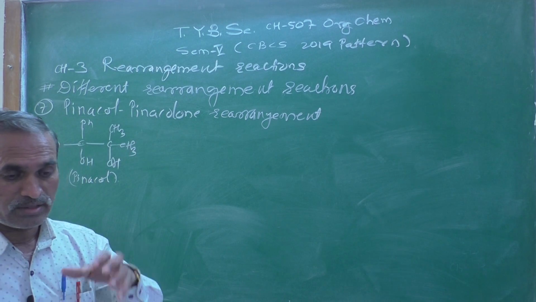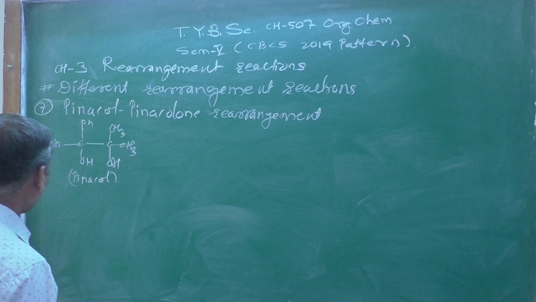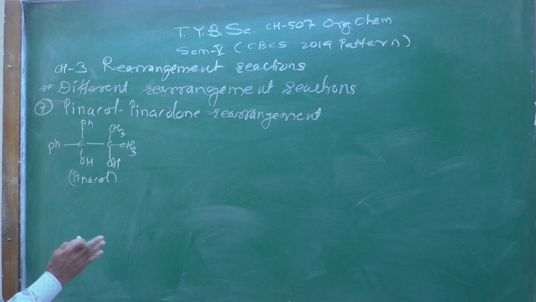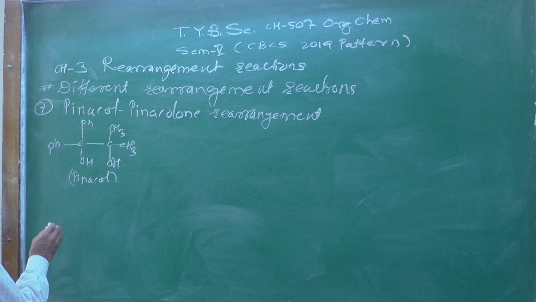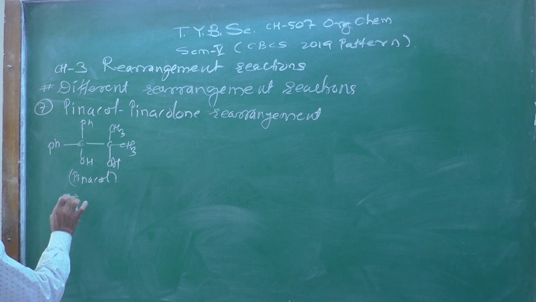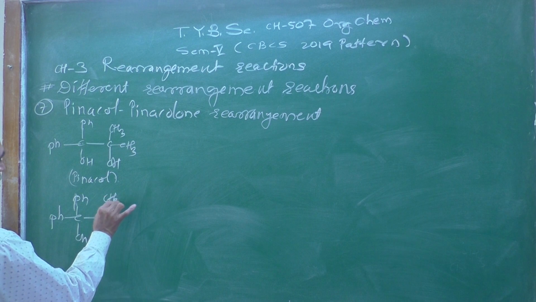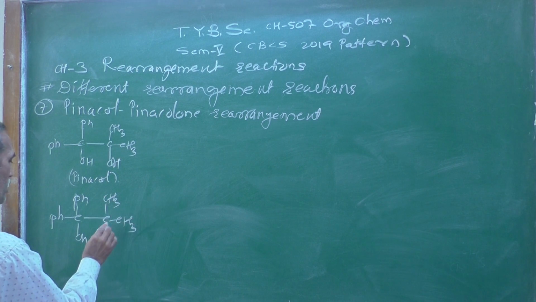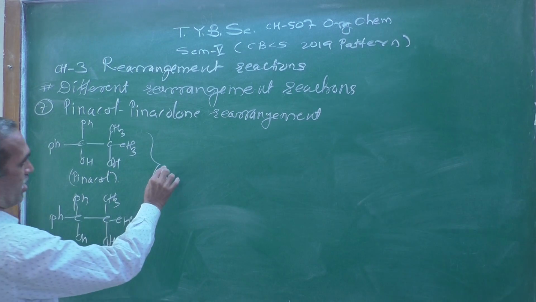That is the reason we are going to find out here. So I am going to show you both the probable possibilities here: Ph, OH, then C, CH3, here CH3, and here the hydroxyl group. Both structures are shown here.